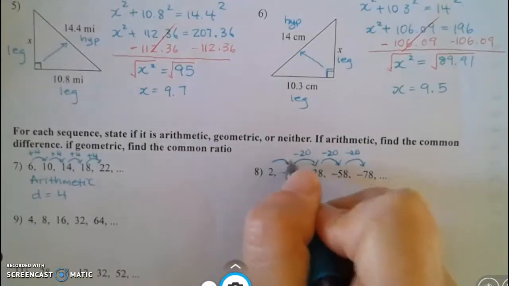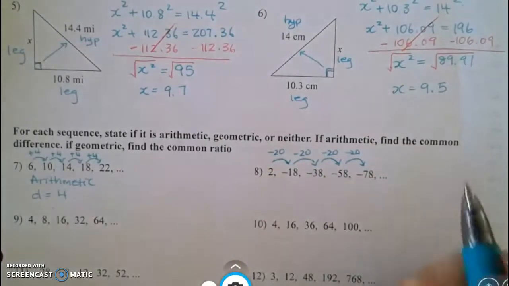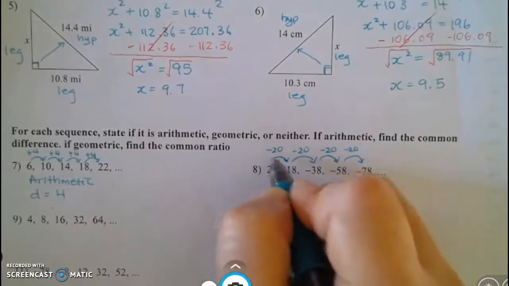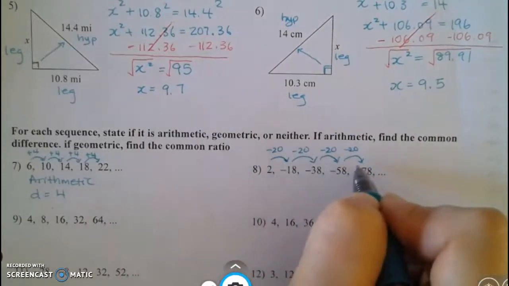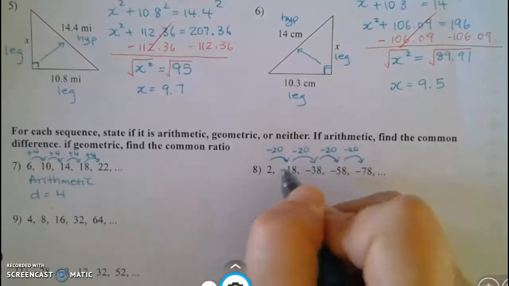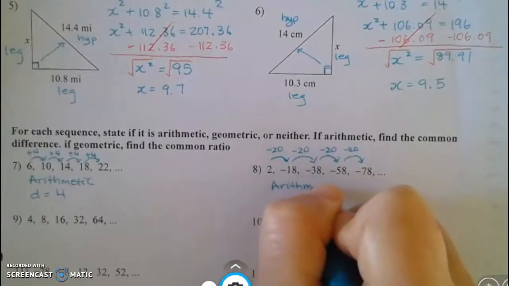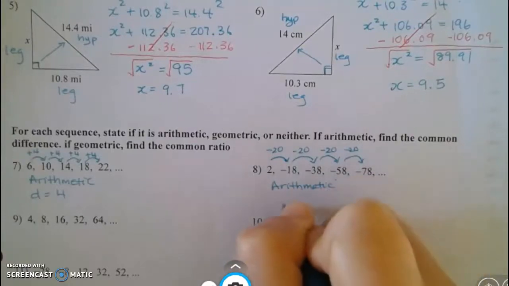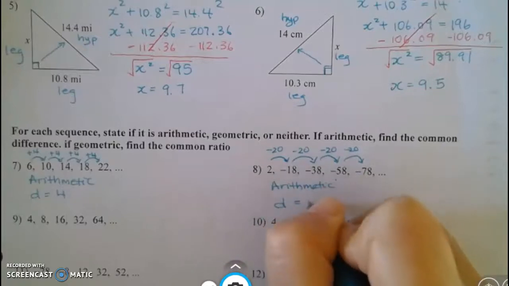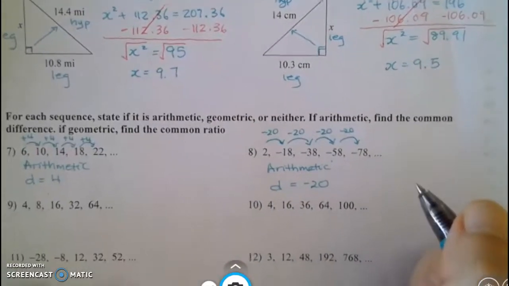It is. So I am subtracting 20 from the previous number to get to the next number. That means you're adding negative 20 to each number, right? Subtracting is the same as adding its opposite. So it is arithmetic, and the common difference is negative 20. It's a negative number because you are subtracting the number.